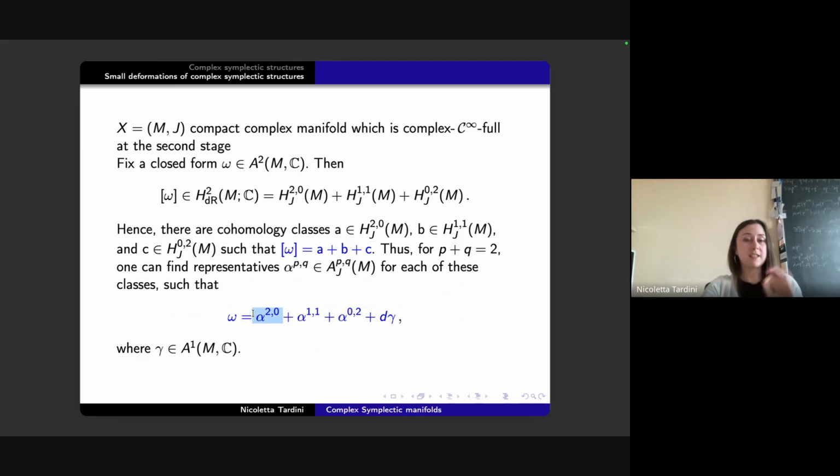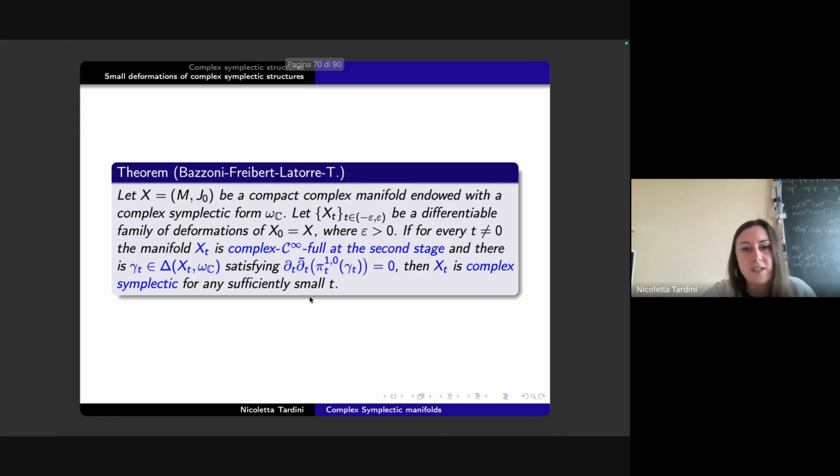Our omega c was closed and of B degree 2,0 at the beginning, but along the deformation it is not of B degree 2,0, and its 2,0 component is not closed. But using this decomposition, this is closed, but you also have this extra term, the gamma. It's the del of gamma that will give some part in the 2,0 component of our symplectic form, and you want that to be DD bar closed to ensure that the complex symplectic form along the deformation is closed.